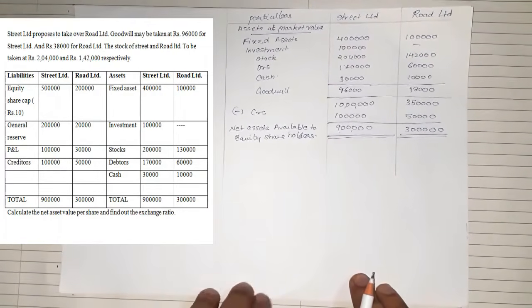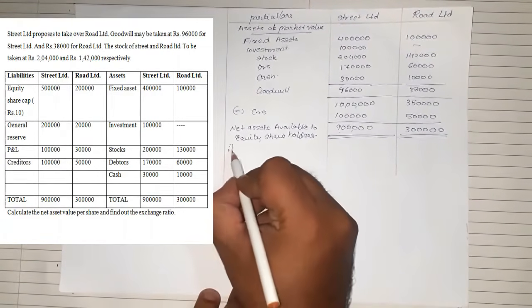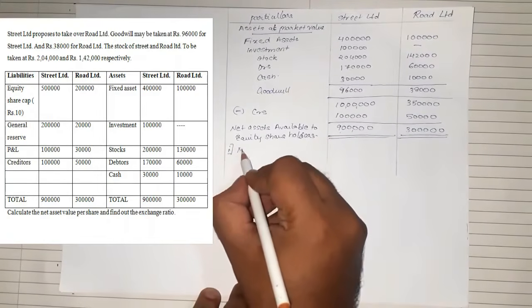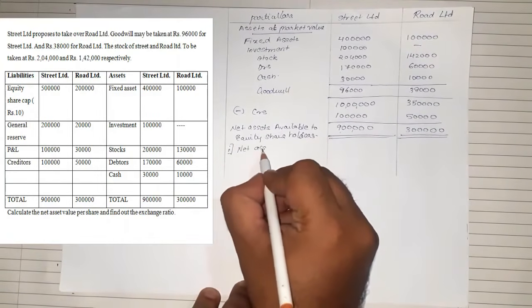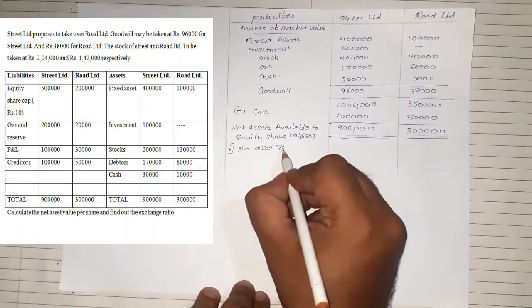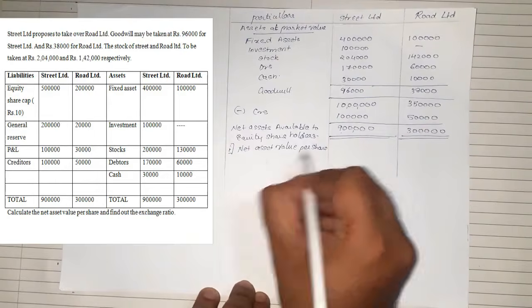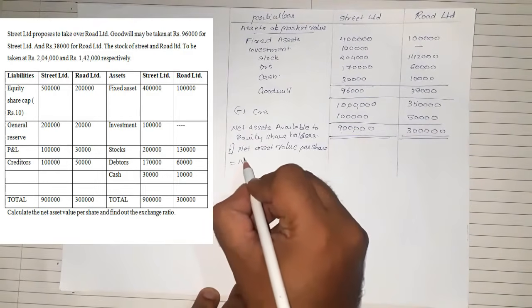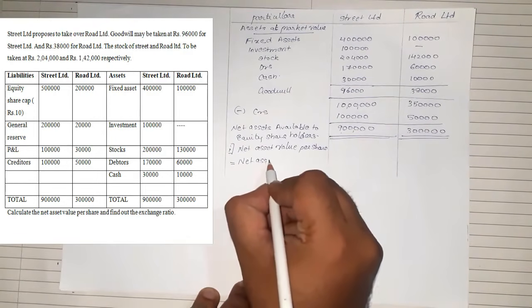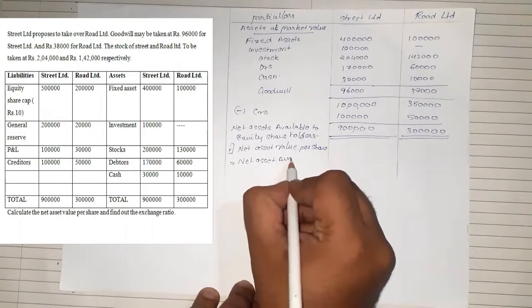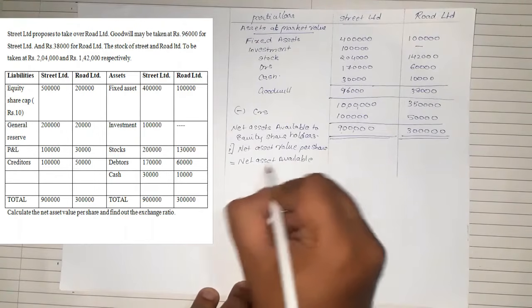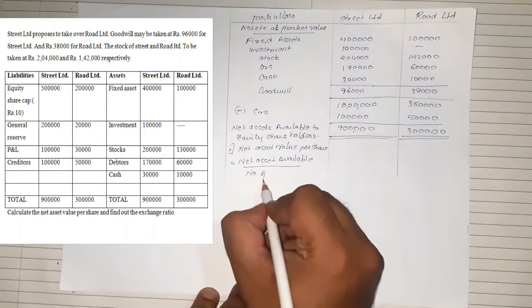So our very first formula is we need to find the value of share. So net asset value per share is equal to net assets available to the equity shareholder upon number of equity share.